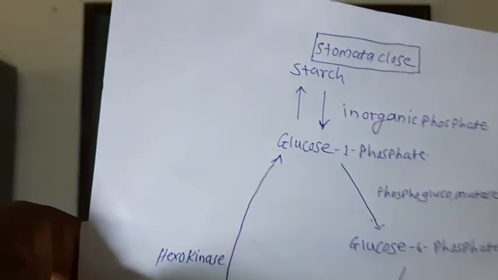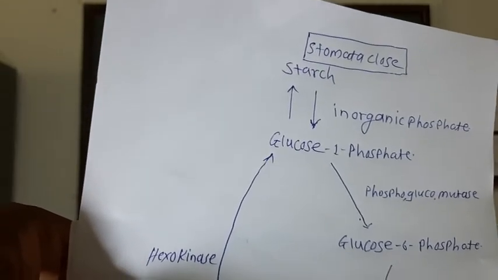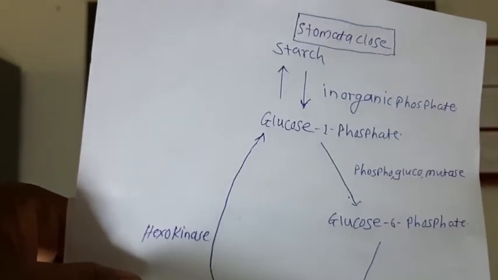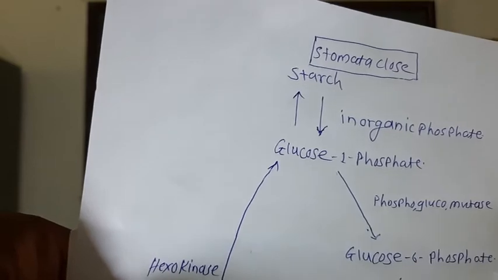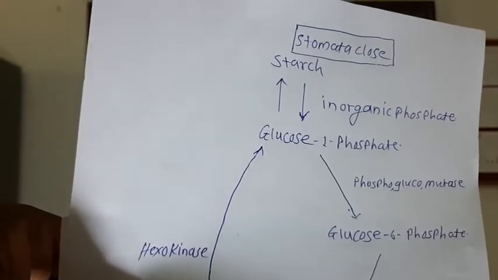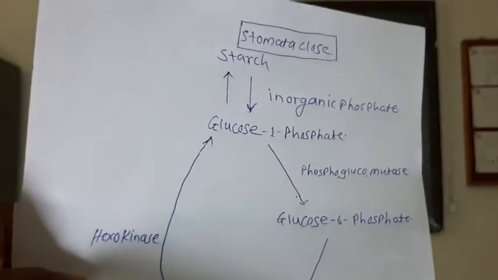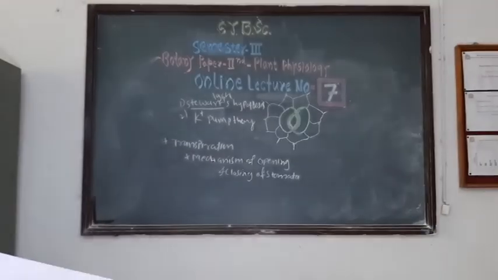As the starch is insoluble in water, the osmotic pressure of the guard cell decreases, and these guard cells lose water, and stomata get closed. Understand? This is Stewart's hypothesis.